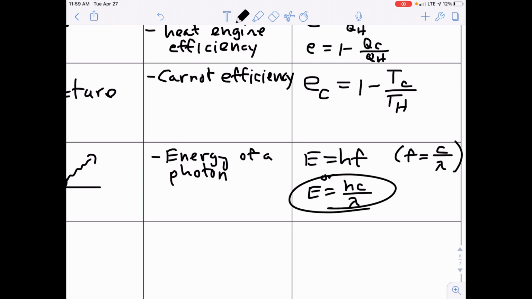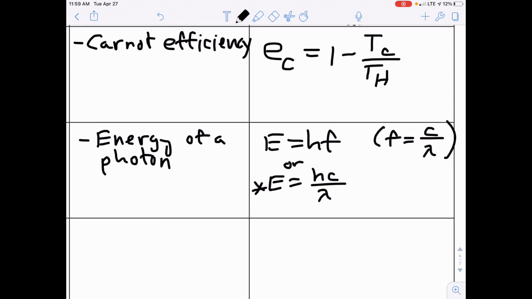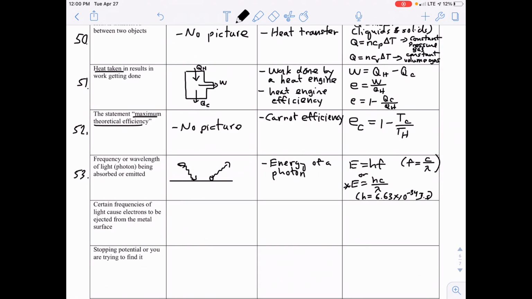We're going to use this one the most, where h is referred to as Planck's constant, 6.63 times 10 to the negative 34 joule seconds. Again, you don't need to memorize that number. You just need to know how to use it and plug it in.